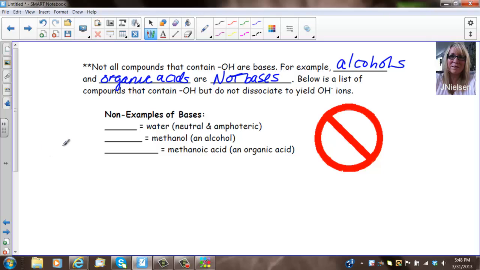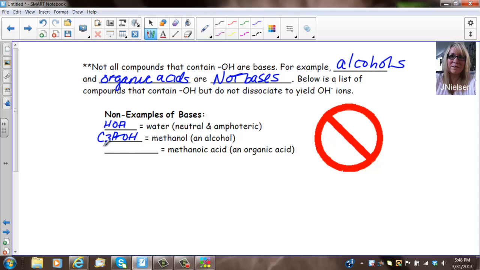So below I've given you a list of compounds that contain OH but do not dissociate to yield OH- ions. So we can write water as HOH, and it contains OH, but it is not a base, it is neutral. Methanol is CH3OH. It contains OH, but it is not a base, it's considered an alcohol.